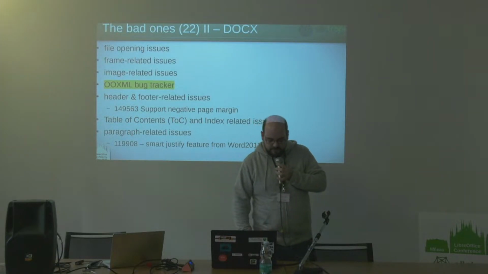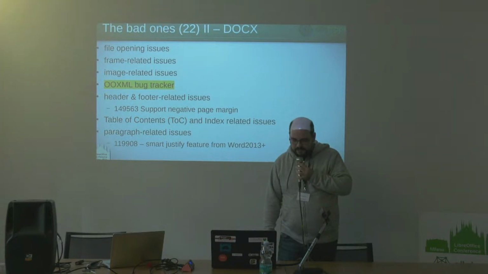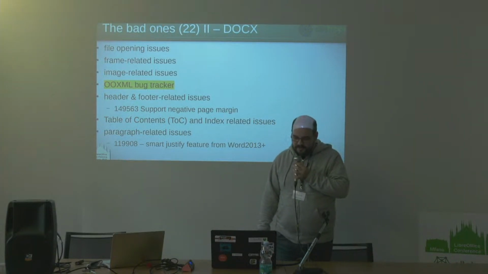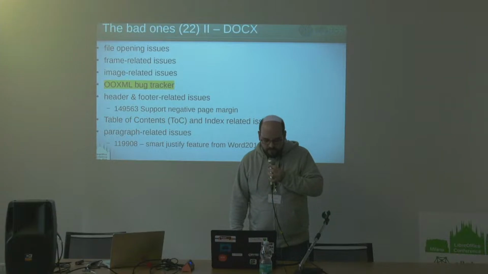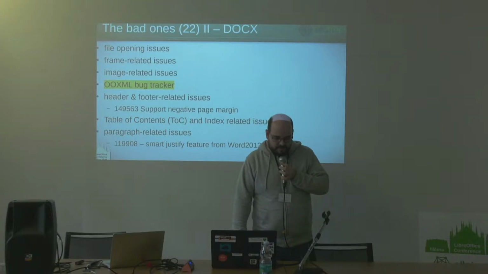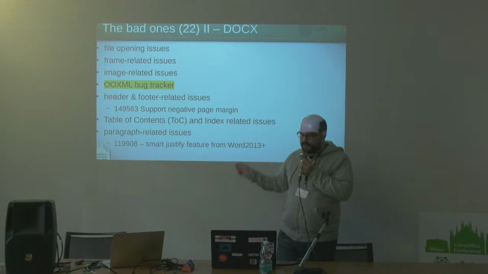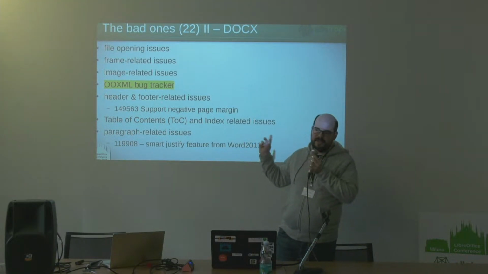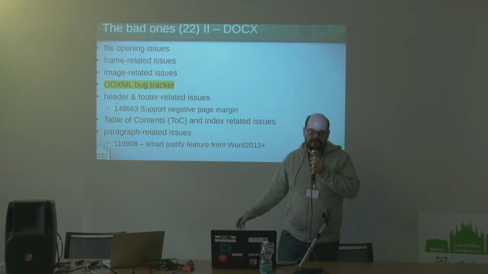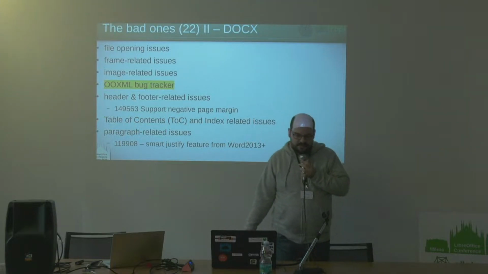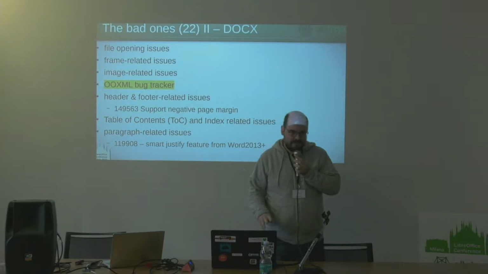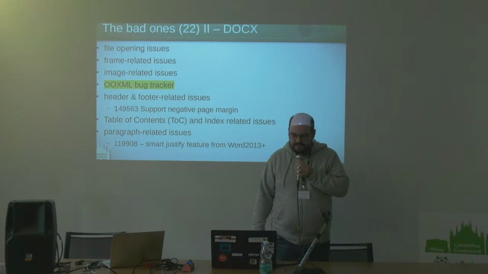We have more bad categories. And the generic OXML bug tracker, for which the 700 figure was shown in the initial slides, is also in this category. So it should really see a lot more love.